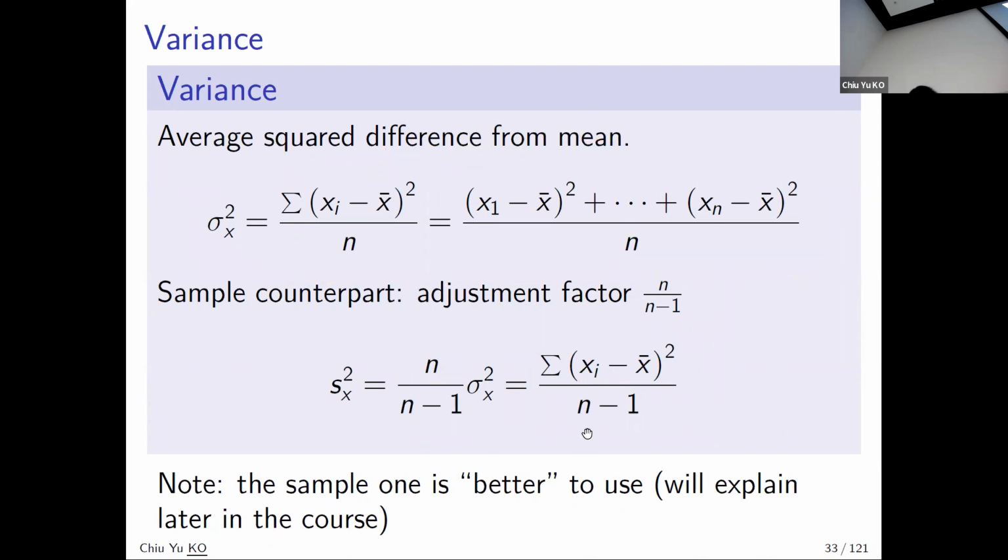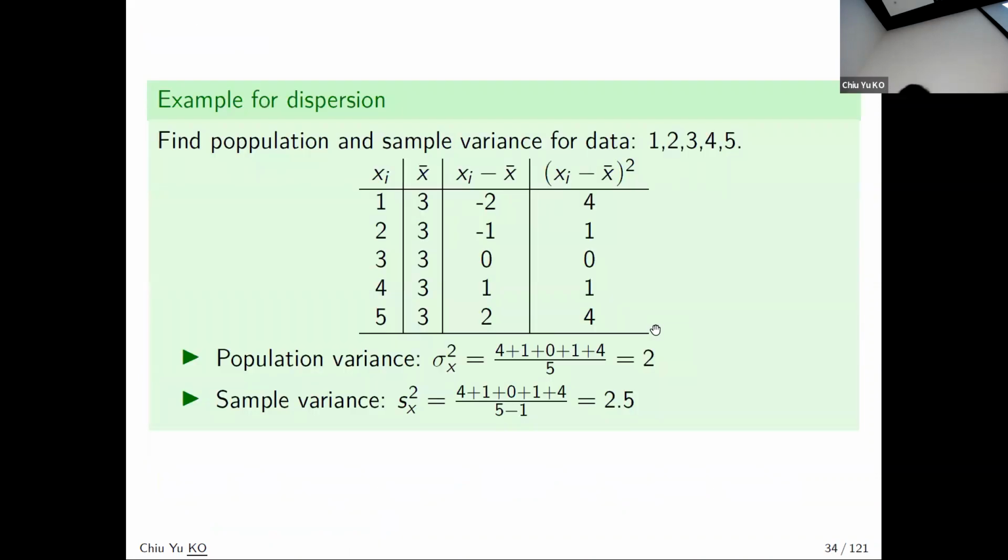And I think everyone learned it in high school, so I'll go quickly here. Oh, sorry, I think there's a typo here. The population and sample variance for data 1 to 5. Very quickly, you will see I have this table here. The reason I have this table is to help you when you do Excel. Later, when we do Excel, we'll see this is a very convenient way to do it.